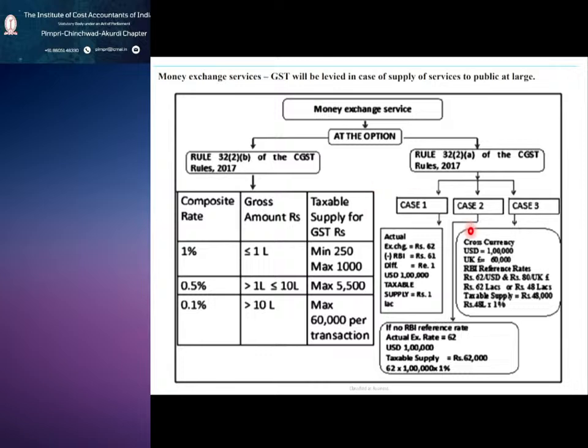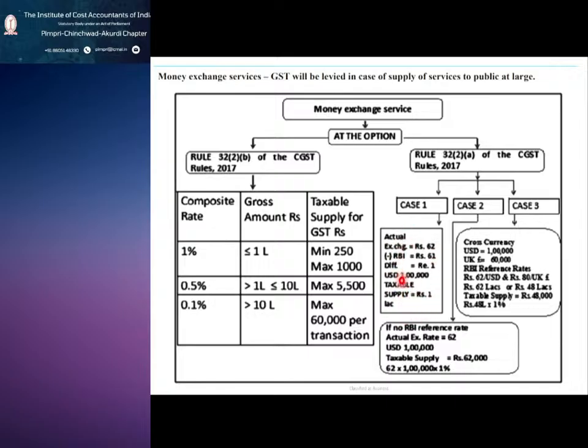The first case: the actual exchange rate is given, say it is 62. Then if you have the RBI exchange rate, what is the difference? From that you need to derive the taxable supply.